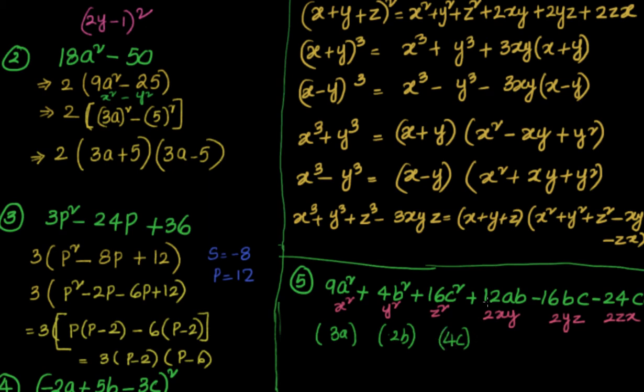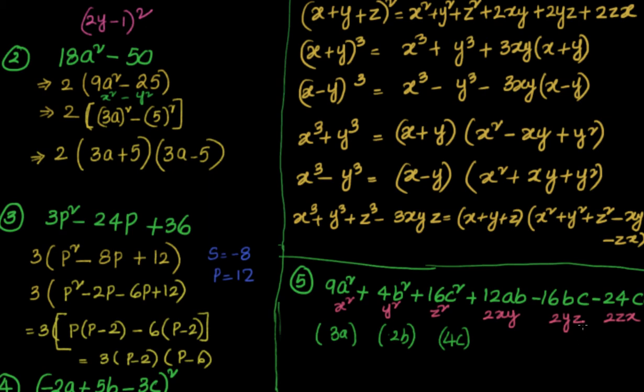But I see some positive terms, some negative terms, right? So for that, what we should do is compare the terms. See here 2xy. xy is positive, that means both of them are positive. Now you know x and y are positive. Let us go to the next one, and we see 2yz is negative. We already know y is positive, so z should be negative.